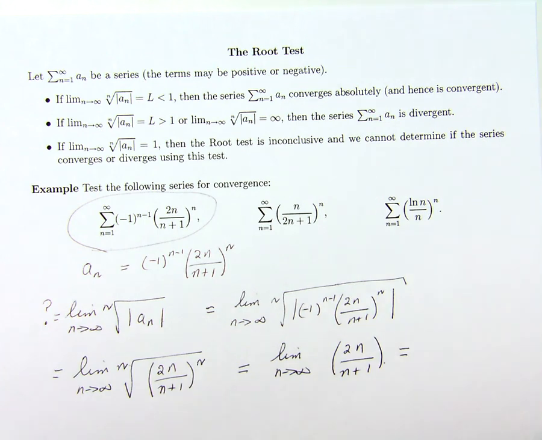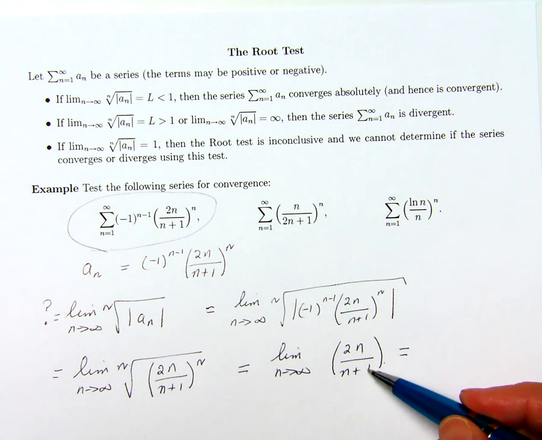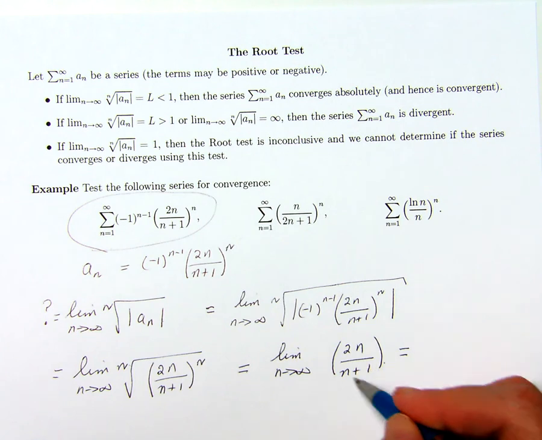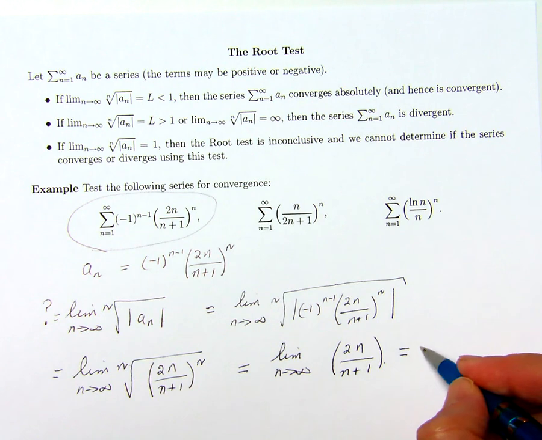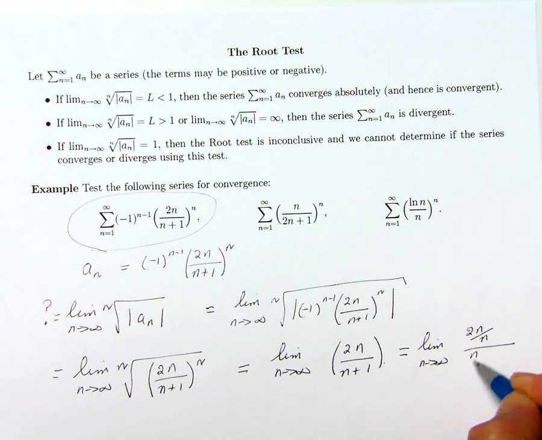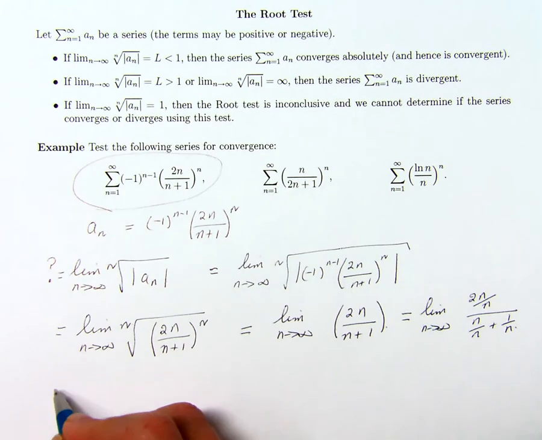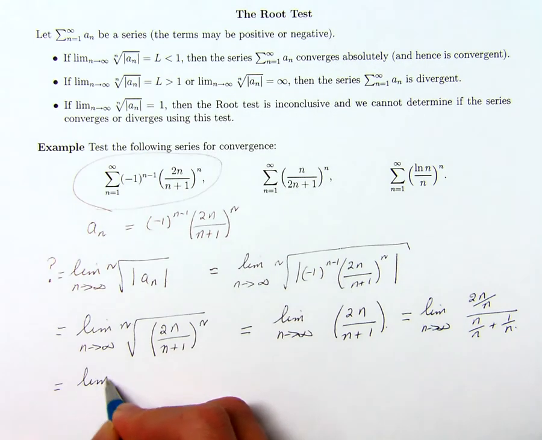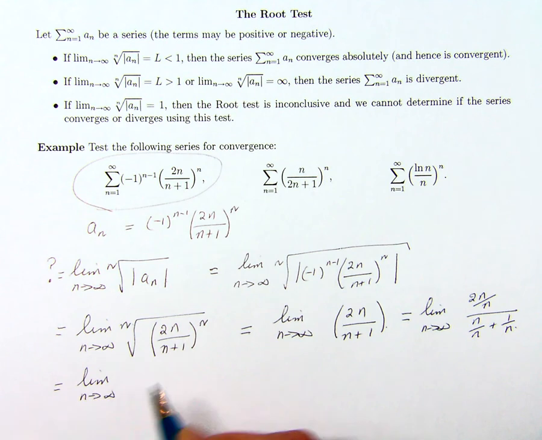So this is equal to the limit as n goes to infinity of this rational function. So I divide by the highest power of n in the denominator, so that's the limit as n goes to infinity of, that's n, 2n over n, n+1 over n, and that is now equal to the limit as n goes to infinity of 2 over 1+1/n.